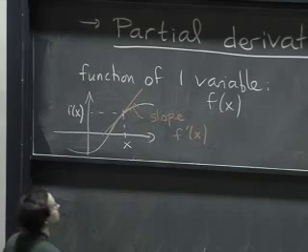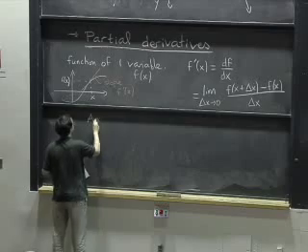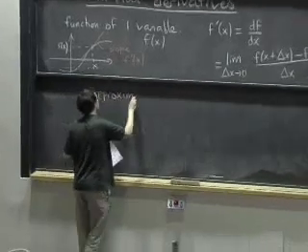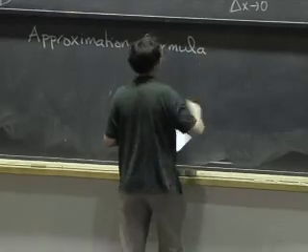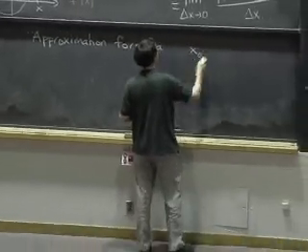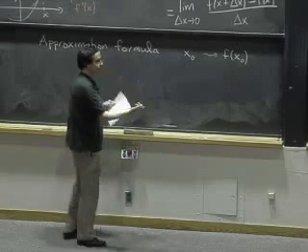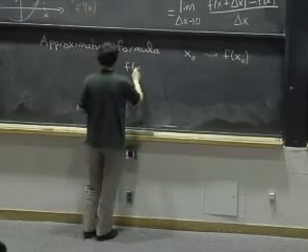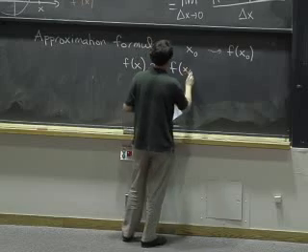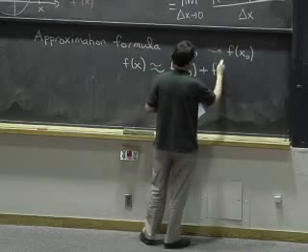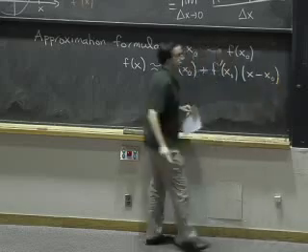So yes, and what else do I want to remind you of? Well, we also have an approximation formula, which says that if we have the value of f at some point x0, and then we want to find the value at a nearby point x close to x0, then our best guess is f of x0 plus the derivative f prime at x0 times delta x, or if you want, x minus x0.